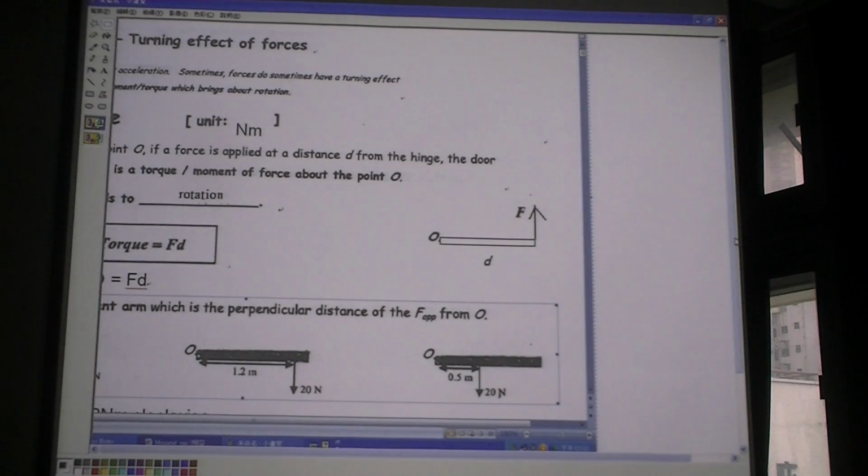Now, the moment arm has this definition. First of all, we imagine there's an imaginary line which contains the force, and we call this line the line of action of the force.